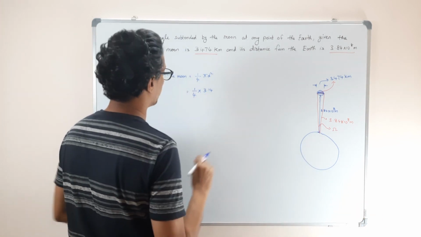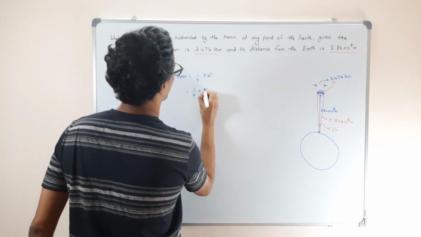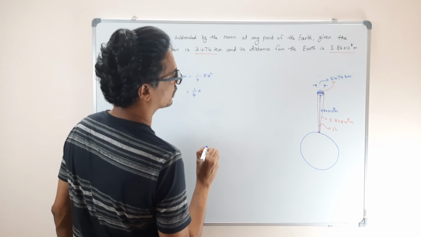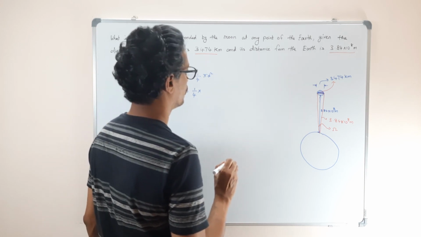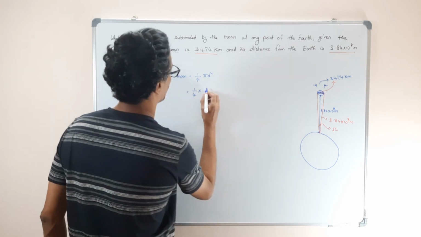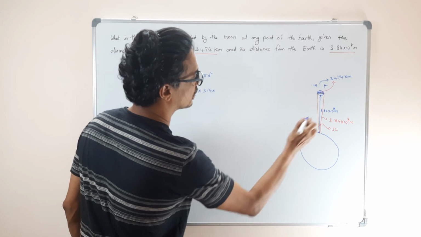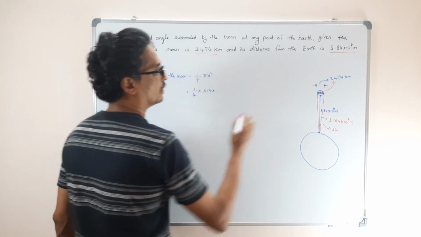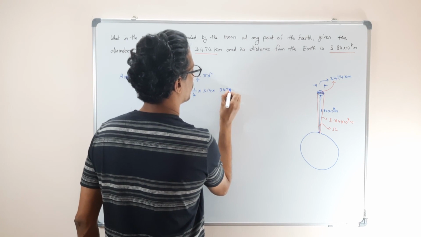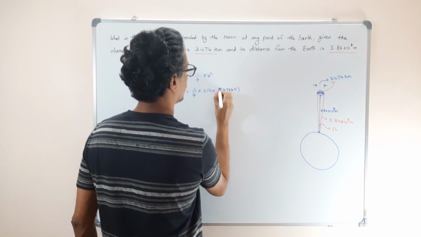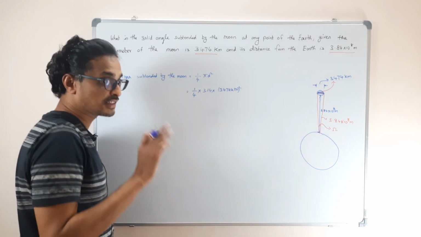So 3.14 into d square, where d is 3,474 kilometers square. But remember, the distance is given in meters, so we have to use the same unit.